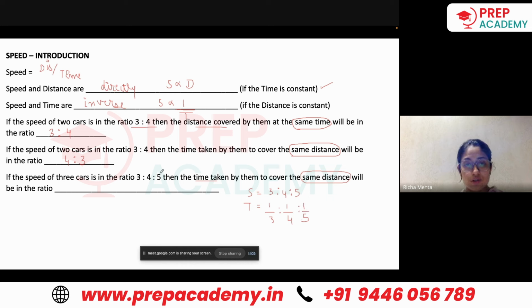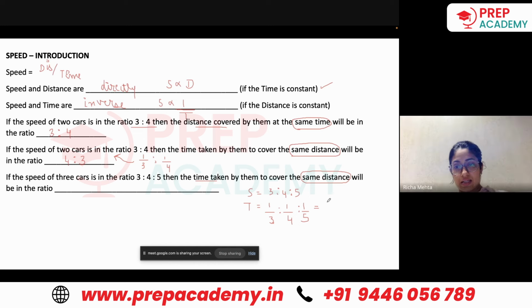In the earlier case also, the time ratio was actually 1 by 3 is to 1 by 4, but when you cross multiply, you get 4 is to 3. Now here there are three numbers, so to simplify this, I will first have to take the LCM of the denominators. What would be the LCM of the denominators? 60.